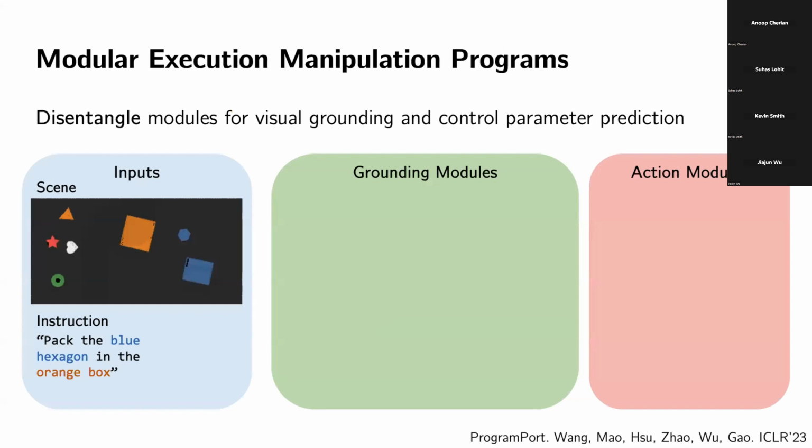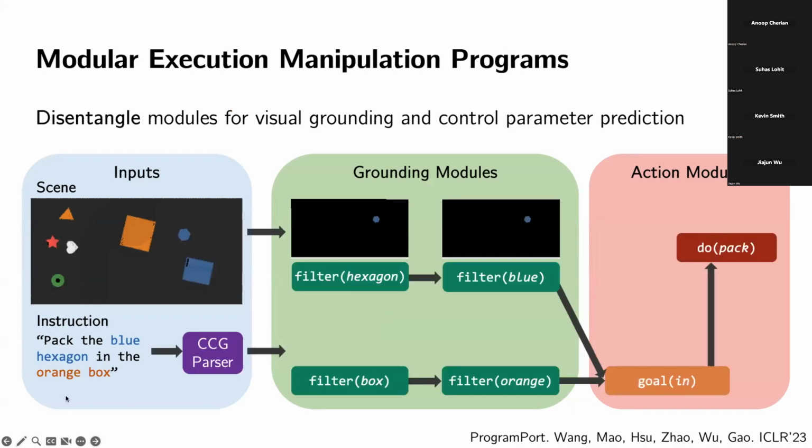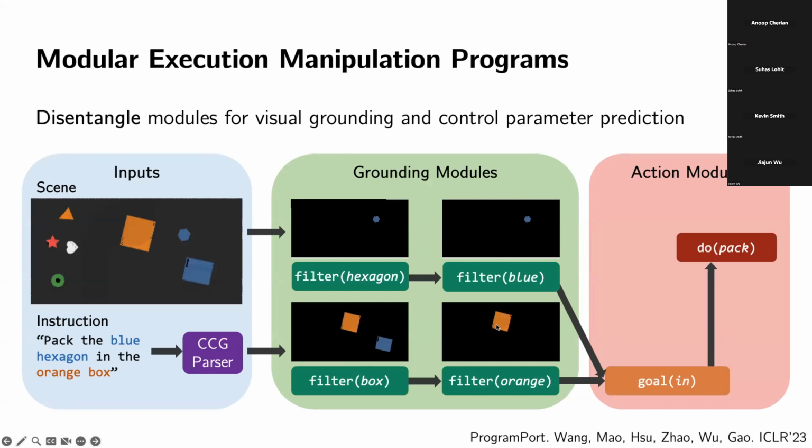An illustration of how this looks: if I show you an image and ask you to pack the blue hexagon into the orange box, then you can find a hexagon which is blue, you can find a box which is orange, and then you have these attended feature maps, which are pretty interpretable and perform really well, because here you leverage large pre-trained vision models that recognize very well and can also generate new objects.